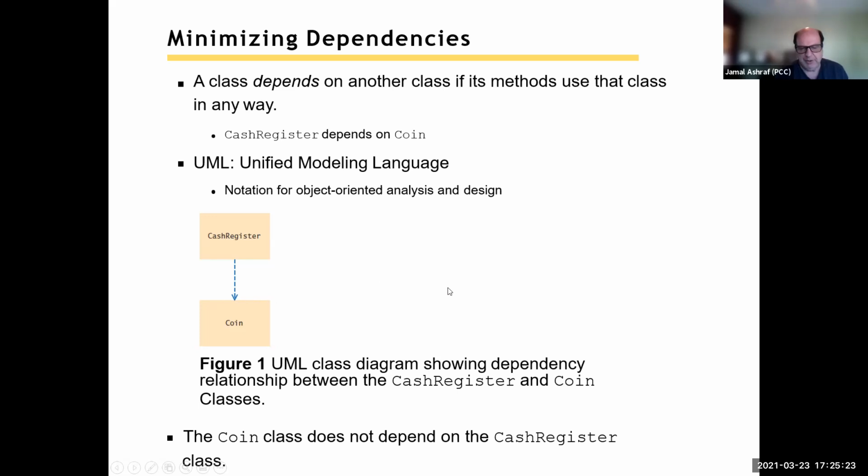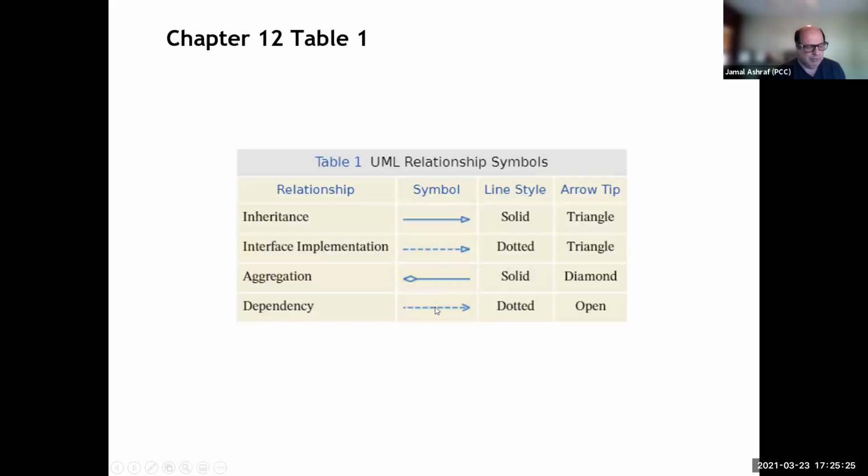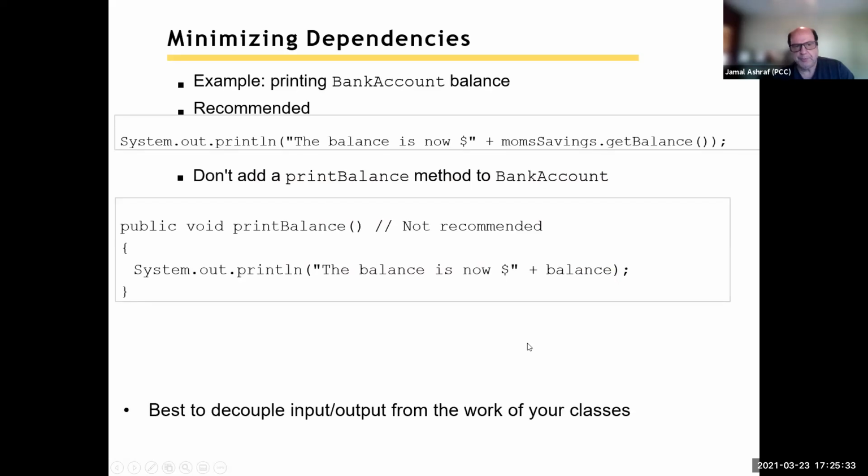That's called dependency. Again, we're going to spend some time on this in chapter 12 and possibly chapter 9. And as soon as we start our final project, we're going to be working on these things. So how do we minimize our dependence? If I have a lot of classes depending on a lot of classes, that means I have to be careful about what I do.